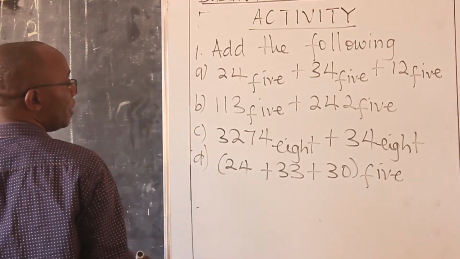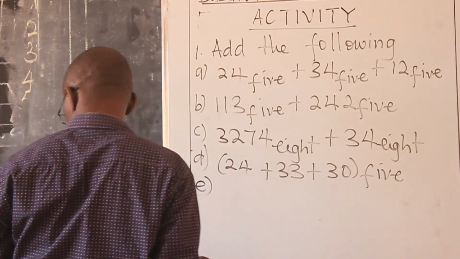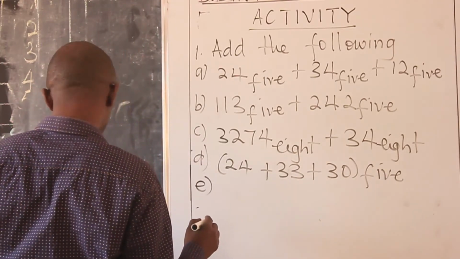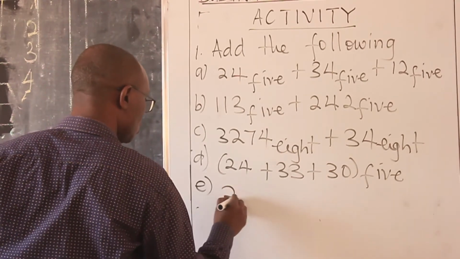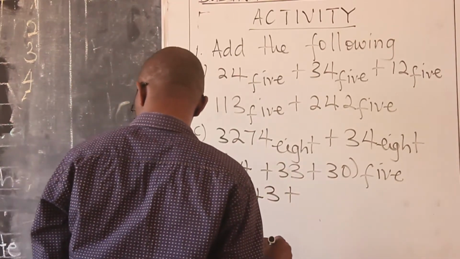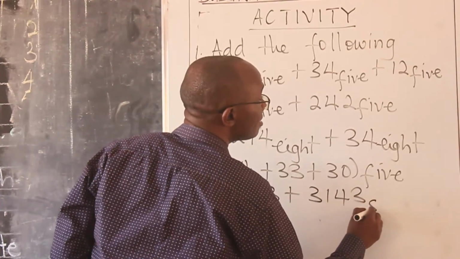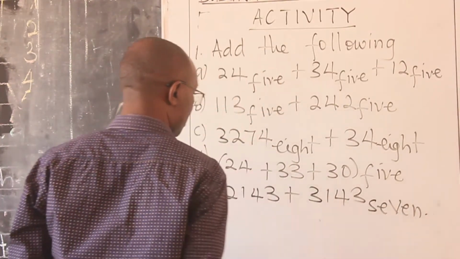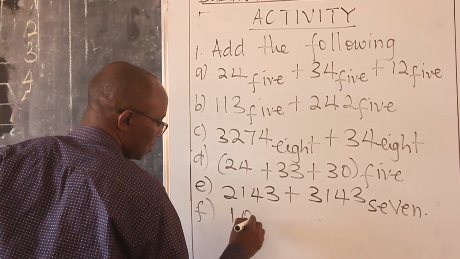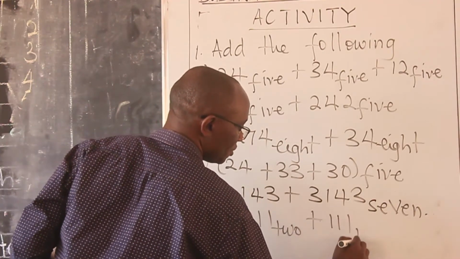Now E, my last question of addition: 2143 plus 3143 base 7. F, let me give the last one in base 2: 1011 base 2 plus 11 base 2.